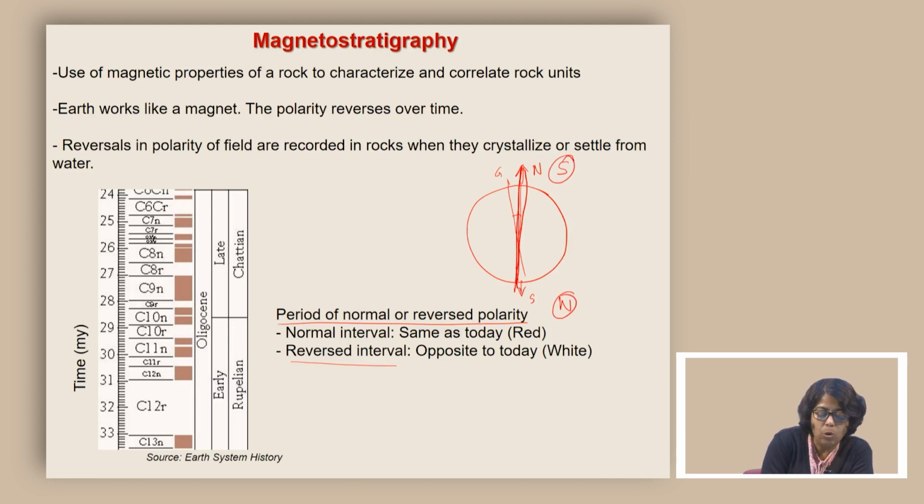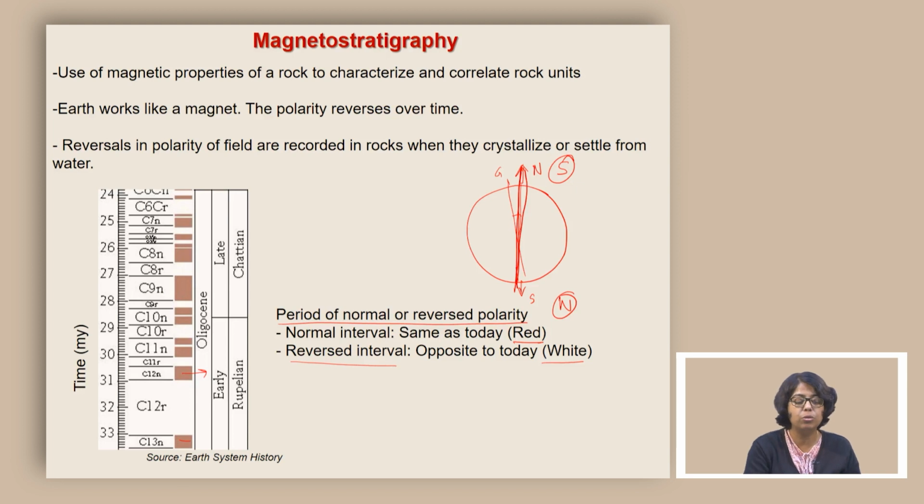All the rocks can be characterized by this, and then we can find that there are times which are red, which basically means same as today, and some times which are white, which means they have reversed polarity.